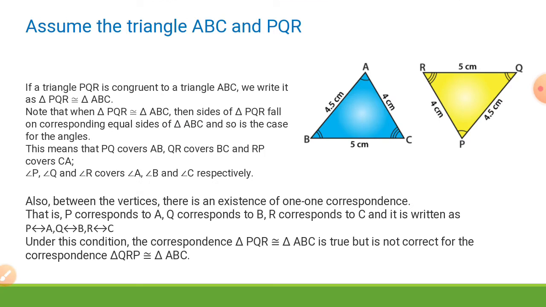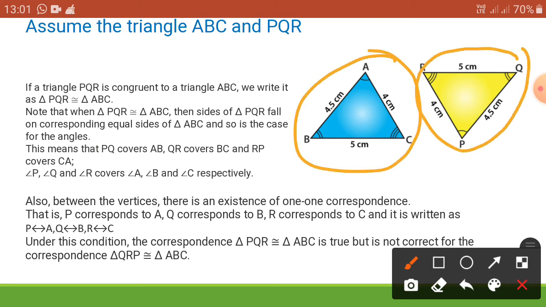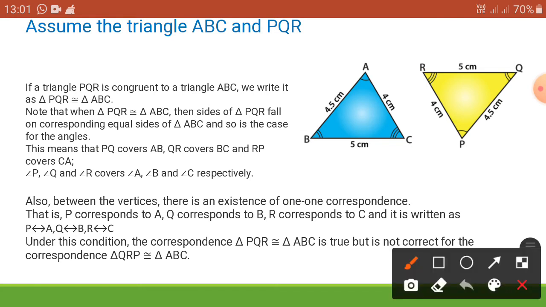Now we will do some explanation. Suppose here the triangles we are taking, one is ABC and the other PQR.